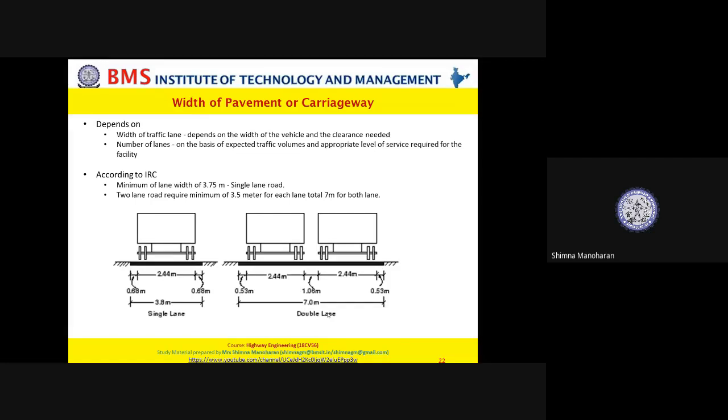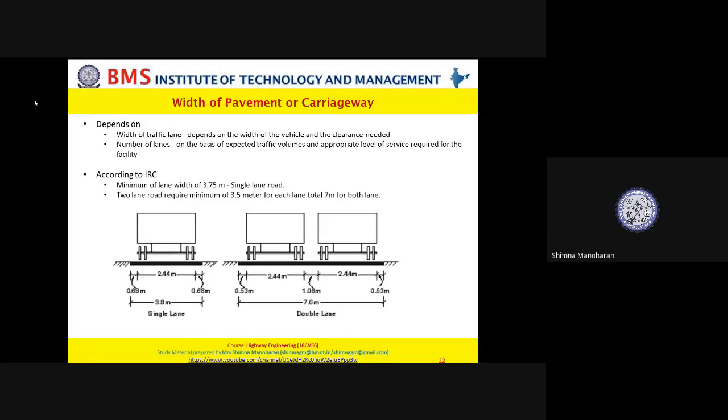You have two lanes in one direction, and in the other direction also you have double lane. So totally you have four lanes, right? Can you visualize the road in front of the college? Okay, I hope you can visualize.